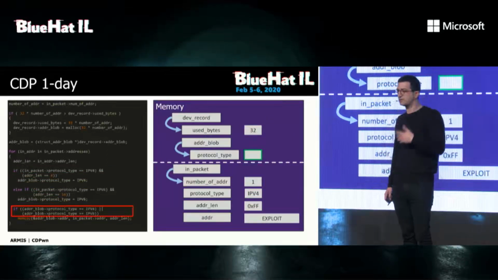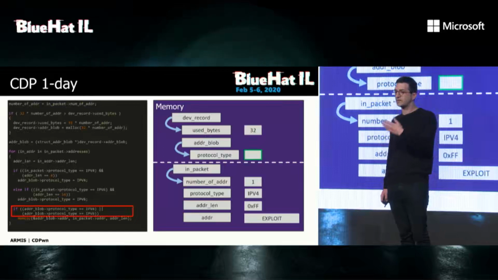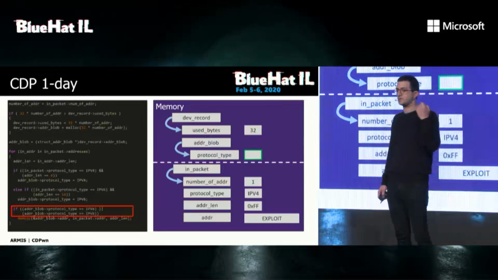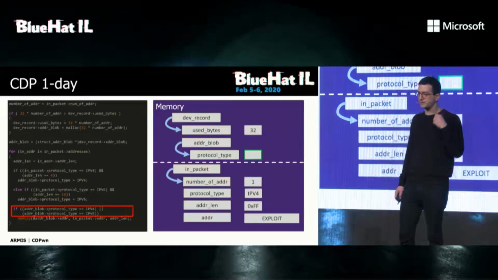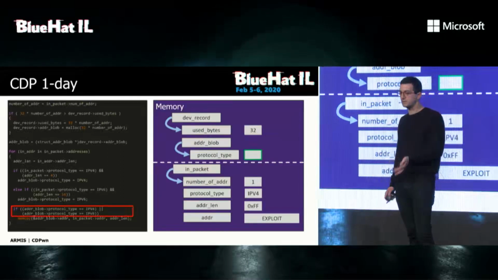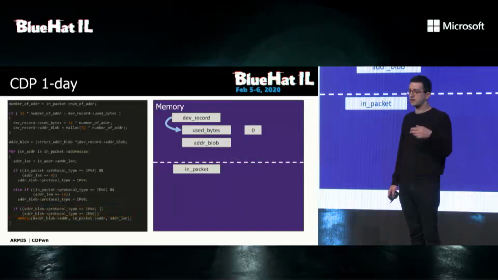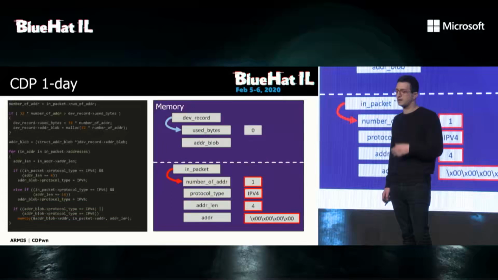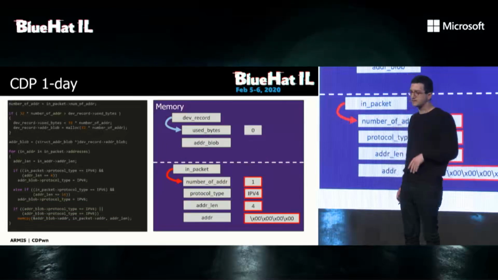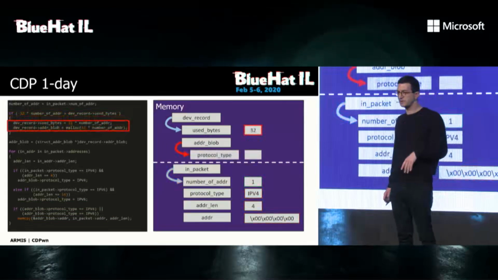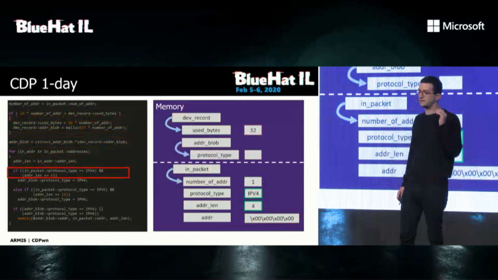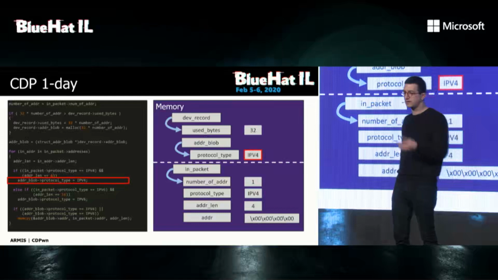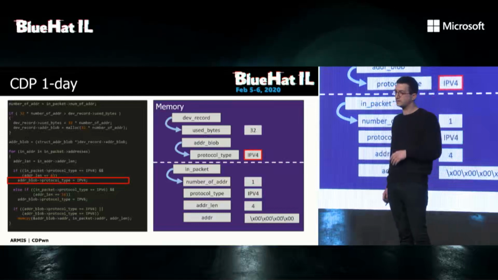But as you might have understood from what I already described, there might be a state confusion here, and the protocol type might have already been set in a previous run. So this is how to exploit this bug. An attacker can send 2 CDP packets. The first one is a legitimate packet with an IPv4 address of 4 bytes. So an address blob would be allocated, and then this condition would be good, and the protocol type would be set accordingly.